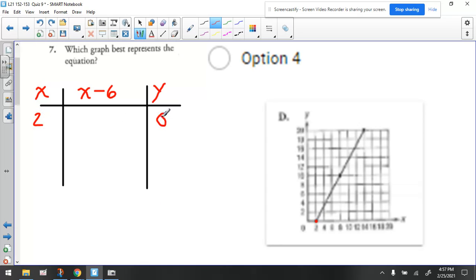And if we substitute the 2 in for x, and we attempt to subtract 6 from it, we're not going to get this, are we? And we might double check with this dot right here. If we go over, that's 2, 4, 6, 8. This is an 8, comma 10. So just make sure that that also does not work.